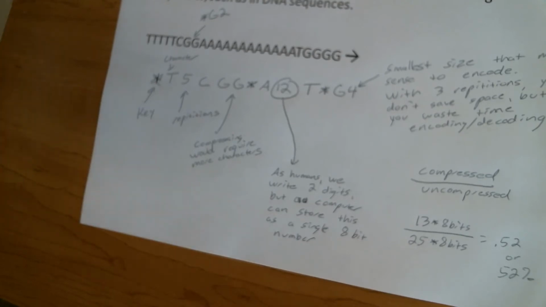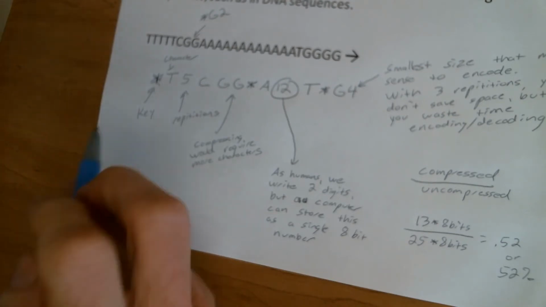So those are some of the ones that you want to be aware of for this course: run length encoding, keyword encoding, Huffman encoding. You know, are there other encoding schemes out there? Yeah, I'm sure there are. But these are the 3 that you are kind of responsible for in this course.